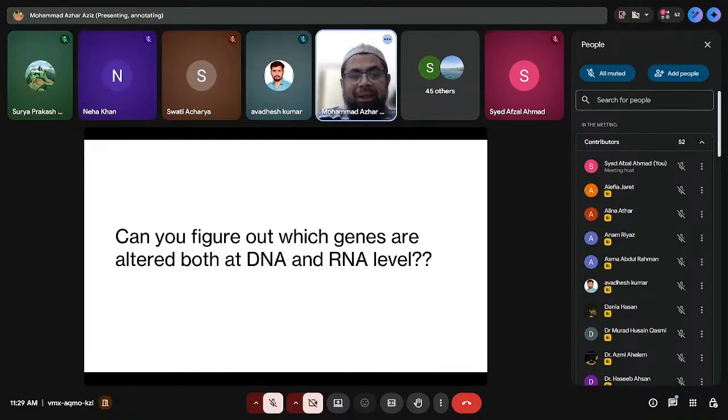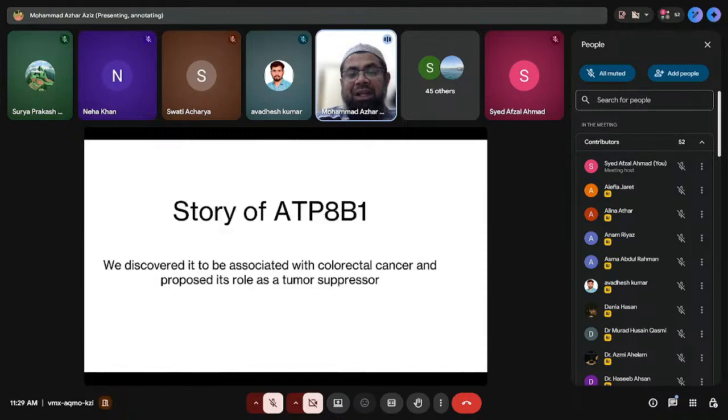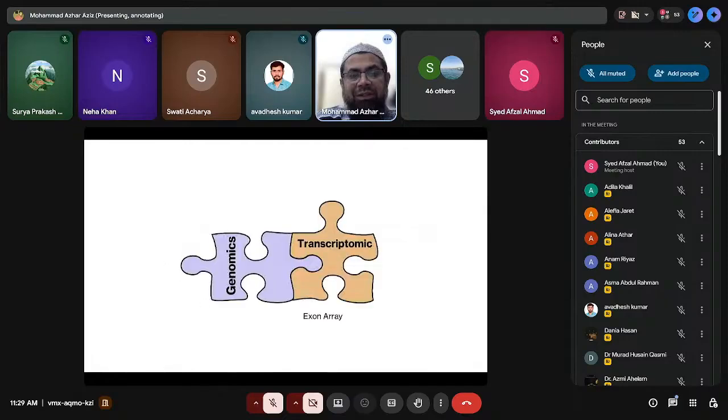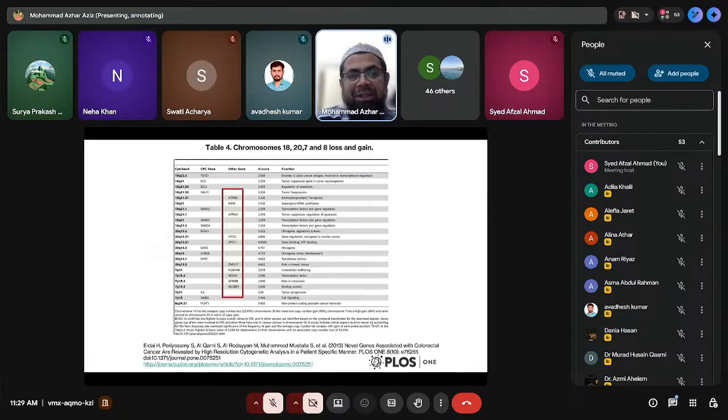So now I would ask you, can you figure out which genes are altered both at DNA and RNA level? Now, if you look at this, I'll go back to my slides. So look at these DNA level changes. Look at the genes within the red box. I'll give you a few seconds.